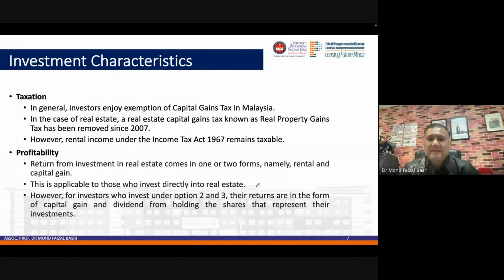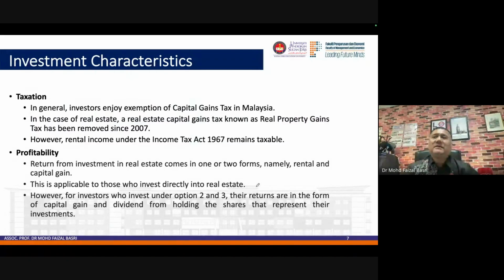Okay, under the Income Tax Act, ITA 1967, income tu kena declare, and obviously you have to deduct all the relevant maintenance of the property. So the net rental tu will be charged ataupun will be considered as taxable income. So income tu you kena declare.